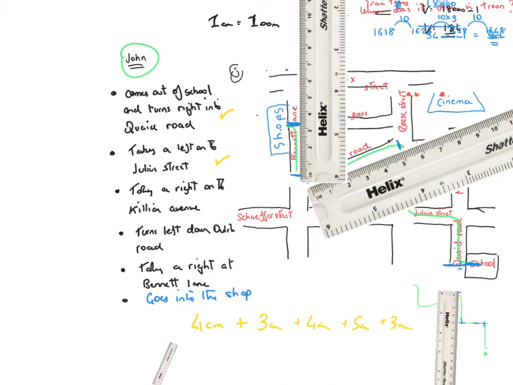So that's 4 plus 3 is 7, plus 4 is 11, plus 5 is 16, plus 3 is 19, so 19 centimetres. 1 centimetre is 100 metres, so it's 100 times 19. You can use your calculator with that one, and that's 1,900 metres that he's travelled, approximately.